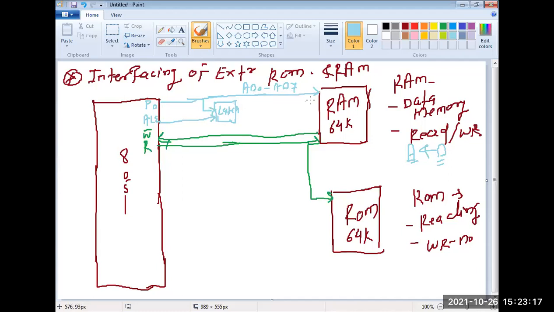Okay, and as I'm connecting this data bus and address bus here, I'm getting only the data bus. So after applying the address latch enable signal, pin number 30, as the clock to this latch, it will separate out the lower address, A0 to A7.